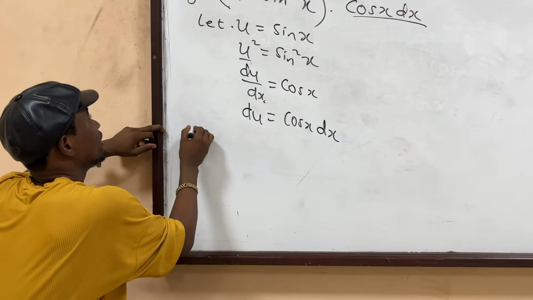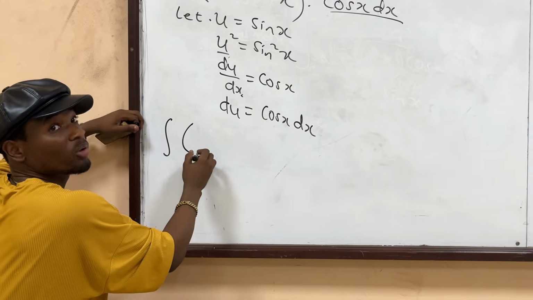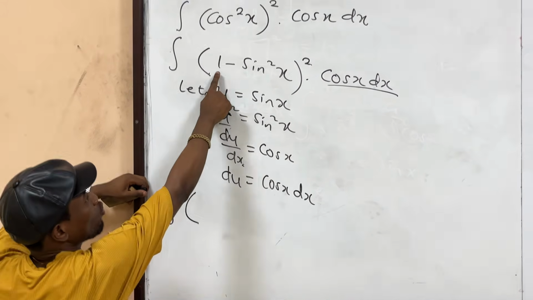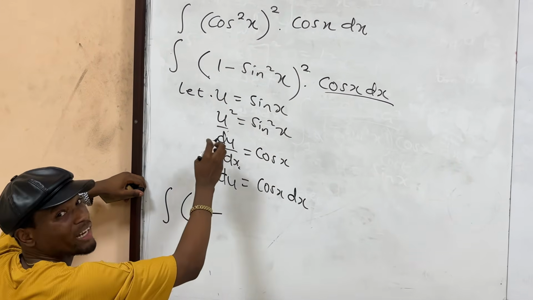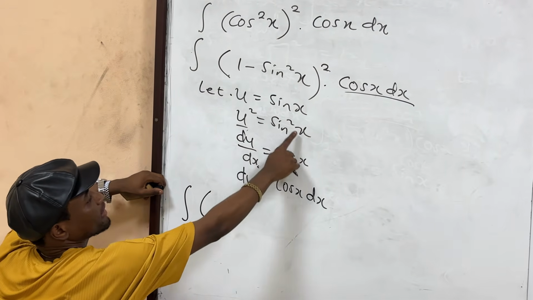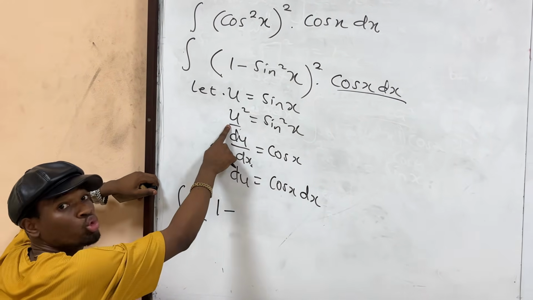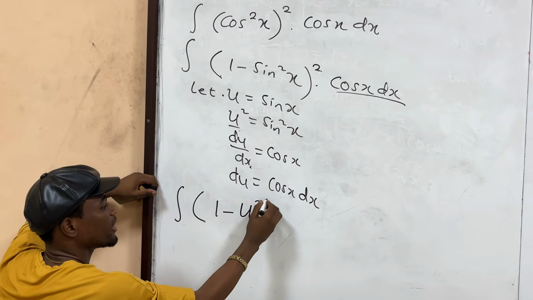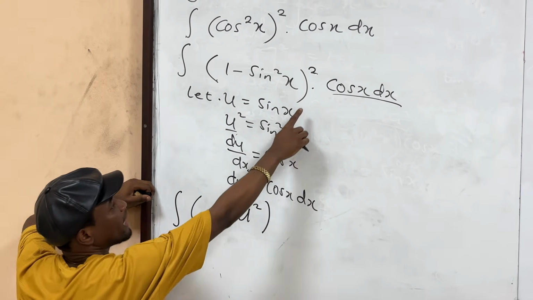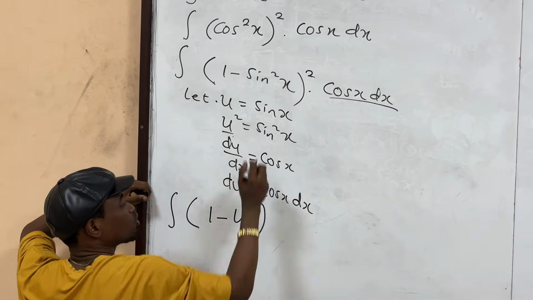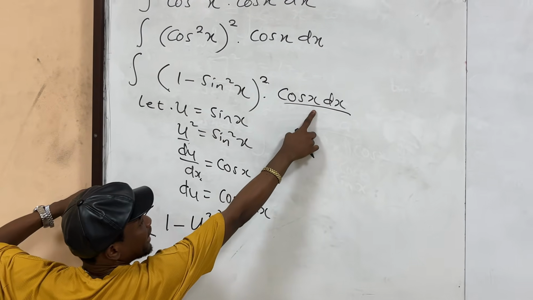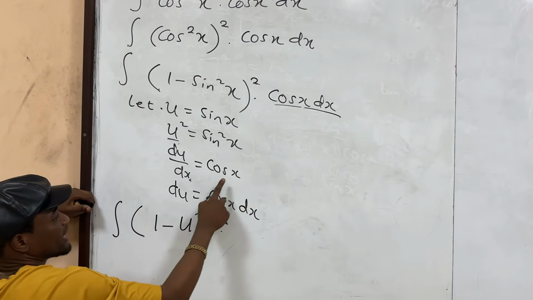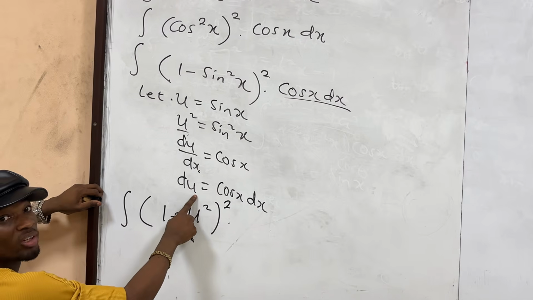So therefore we have the integral of, and here, viewers, look, we have 1 minus sine squared x. So I have my 1, then minus sine squared x, which is the same as u squared. But remember, everything has been squared, so I have a squared here. Then times cos x dx, and cos x dx is the same as du.